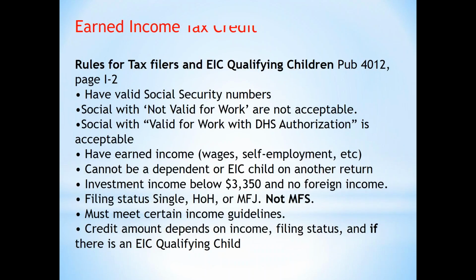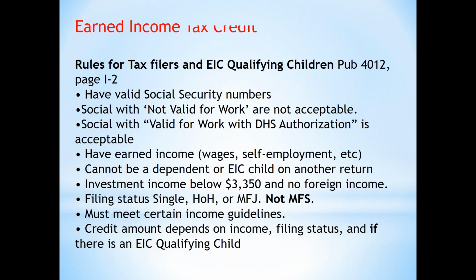That obviously doesn't come up so much at our tax sites, but it is an issue, so I do want to make mention of it. The filing status cannot be married filing separate. I did talk about this a little bit in our filing status section, but I do want to reiterate that, especially for the earned income tax credit, that's where married filing separate can really impact that tax return in a negative way.